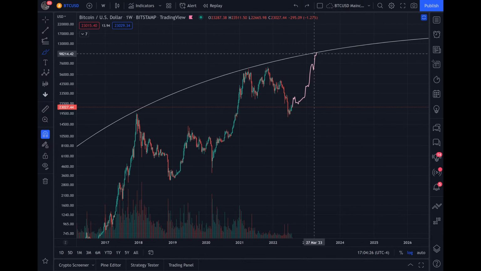Look at what would happen. All right, first and foremost, we come up and hit that parabola. We top around February or March or April, right? Thereabouts. And that's along the same lines of what I had said before. If you haven't seen my video, crypto in the next 4 to 7 months, I actually have a date, February 19, 2023, for my projected top of the next market for Bitcoin, okay?